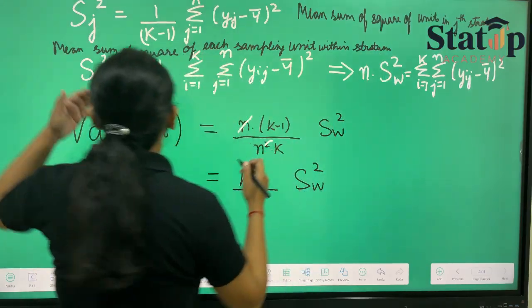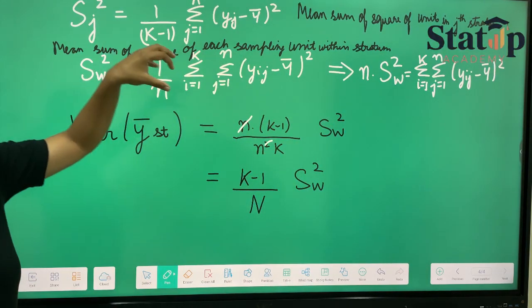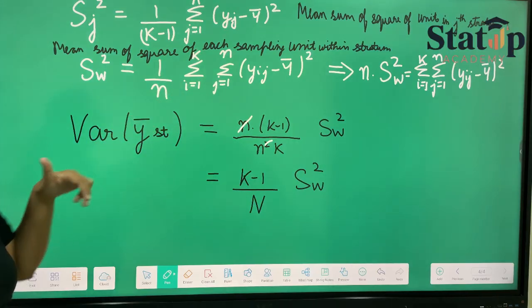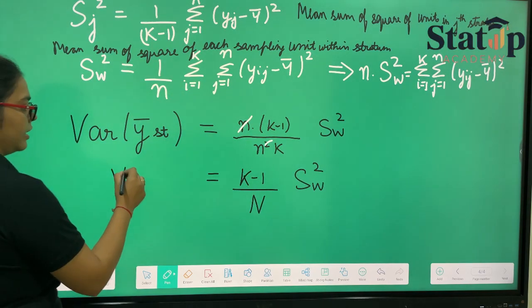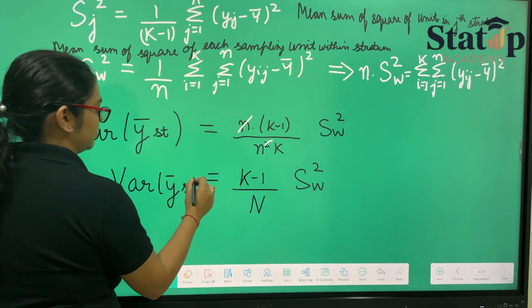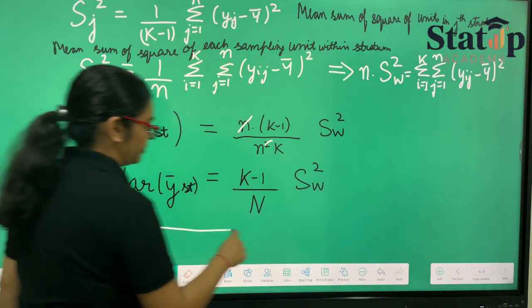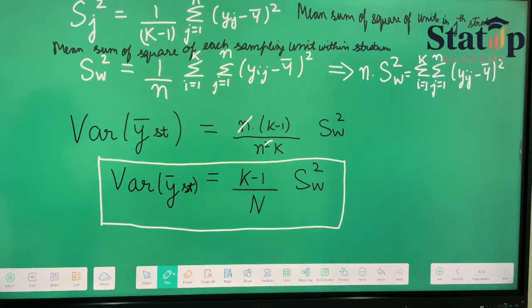This is the within mean sum of square, and this is of any particular stratum, jth stratum, that's the mean sum of square. So this is our formula for variance of y bar st, right?